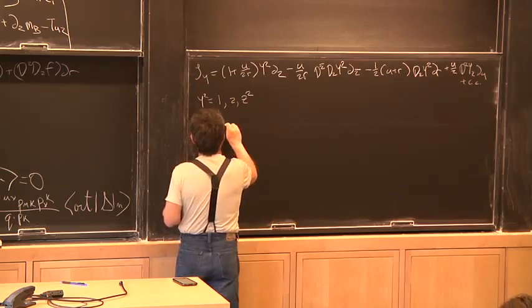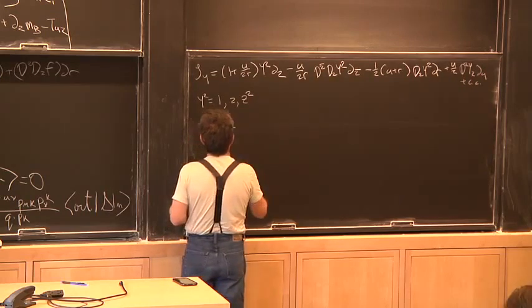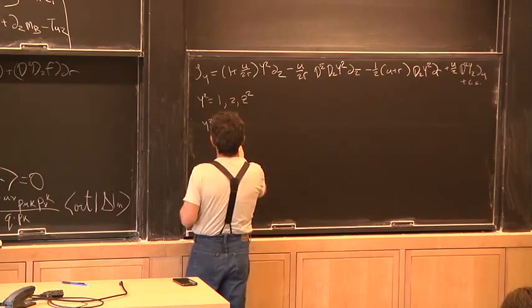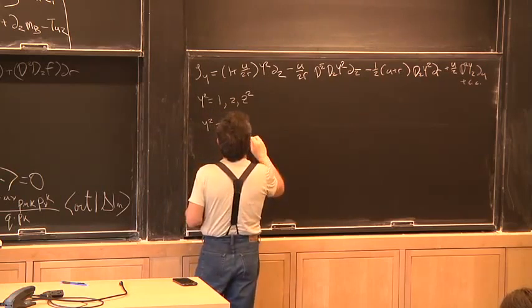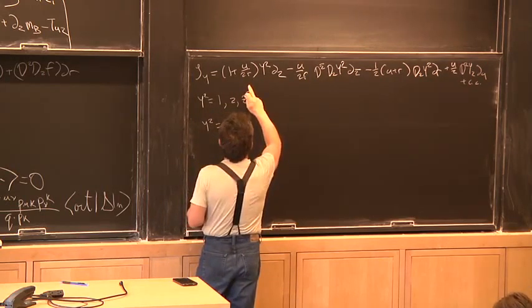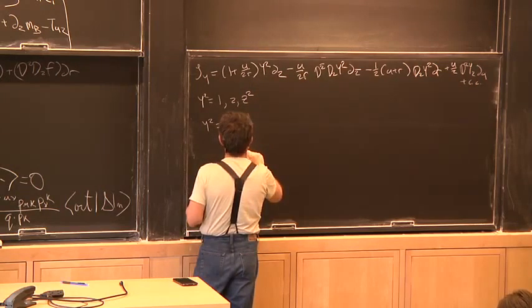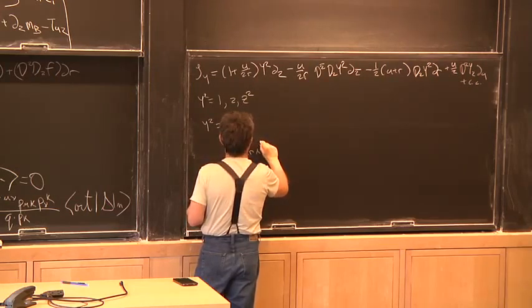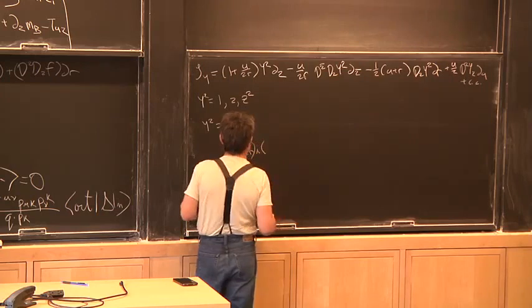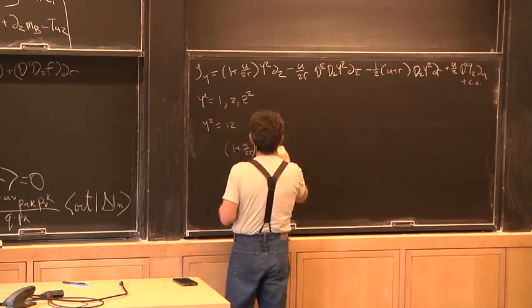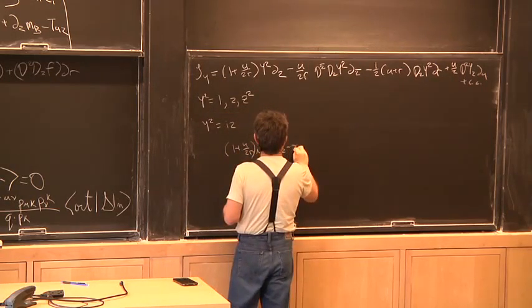So for example, let's consider y z equals i times z. Then this becomes 1 plus u over 2r, i times z dz minus z bar dz bar.